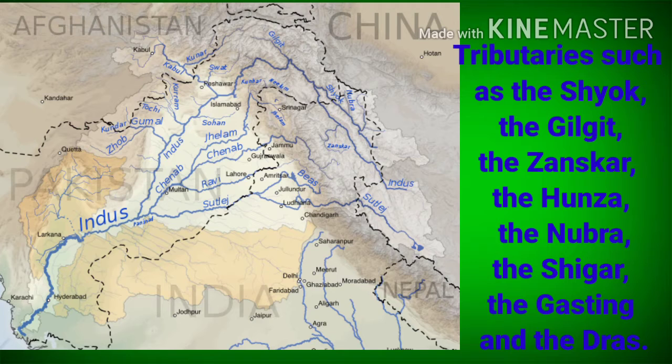The Ravi rises west of the Rohtang Pass in the Kullu Hills of Himachal Pradesh and flows through the Chamba Valley of the state. It covers a drainage area of 5,957 km in India. Satluj or Satudri, an important tributary of the Indus, originates in the Rakas Lake near Mansarovar at an altitude of 4,555 meters in Tibet.